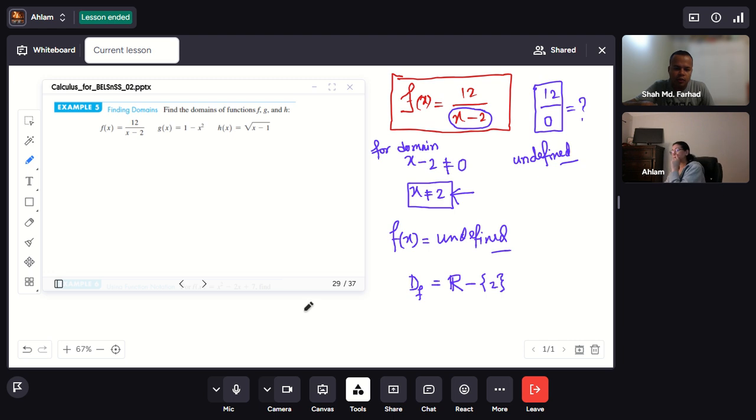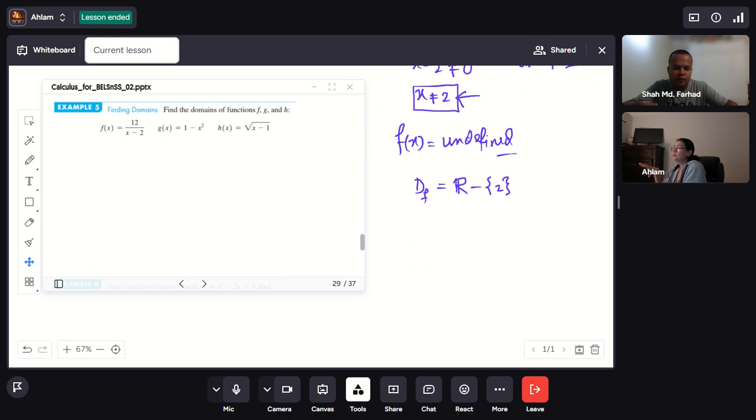We can also rewrite this in a different form. Do you have any idea about closed interval, open interval? When it's closed, the number is included. When it's open, it's not included.